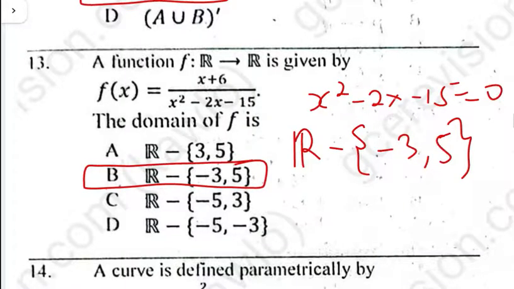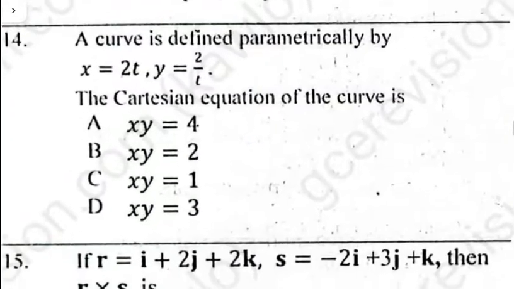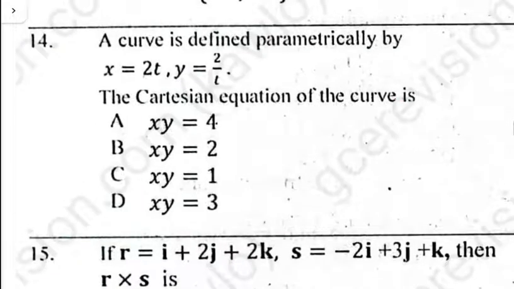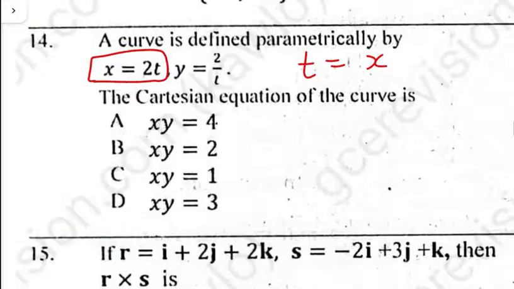Question 14. A curve is defined parametrically by x equals 2t and y equals 2 on t. What is the Cartesian equation of this curve? So from the first equation, we can make t the subject. t will be equal to x on 2.